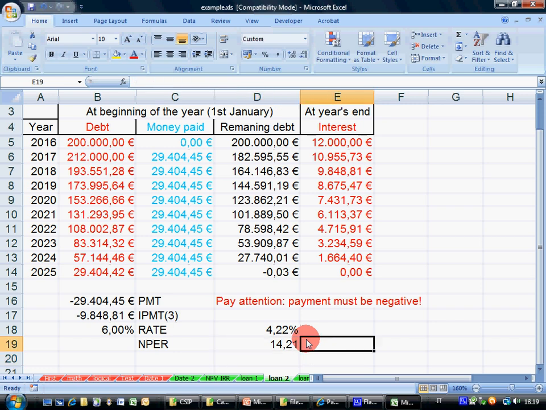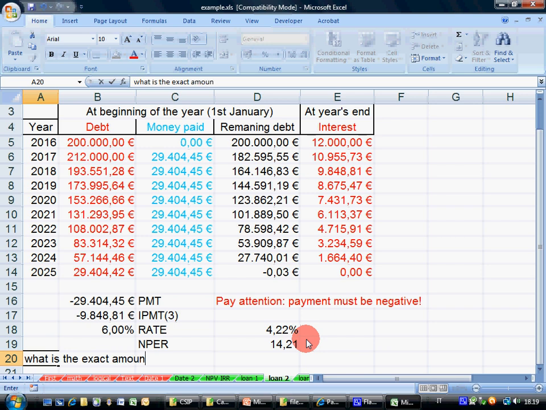Let's do as an exercise, please find out what is the exact amount of money to pay back a loan. So the question is, what is the exact amount of money to pay back a loan in 14 years?